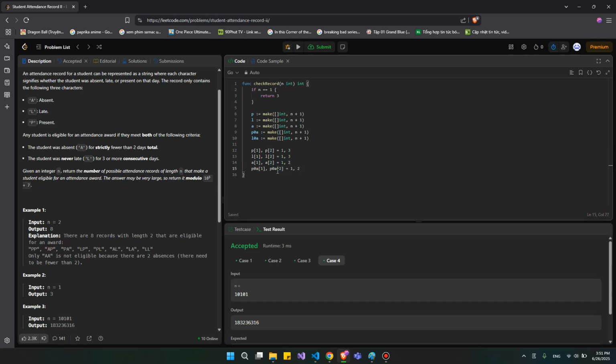We have P0 2, we have 2K PP, PT, PL and LP, the same for L. Okay, so we have our base case.